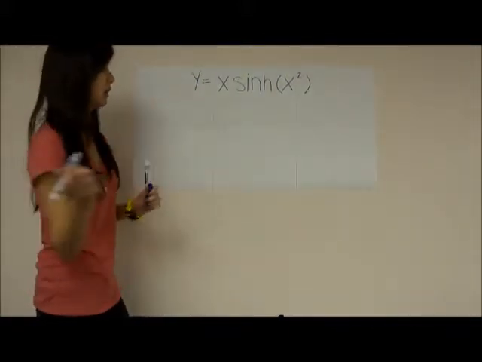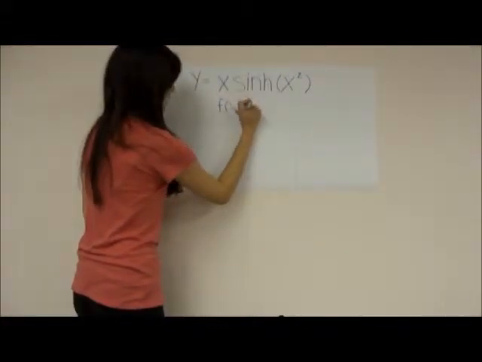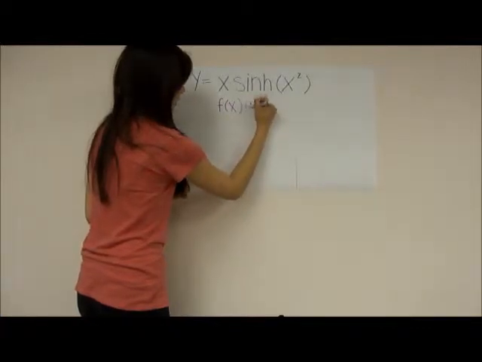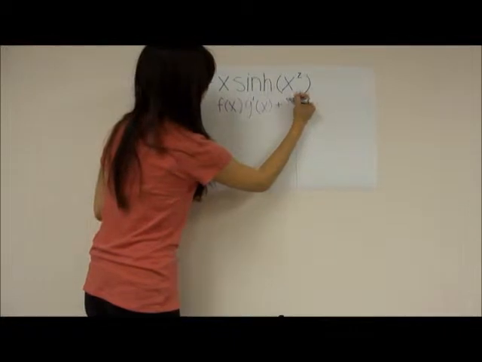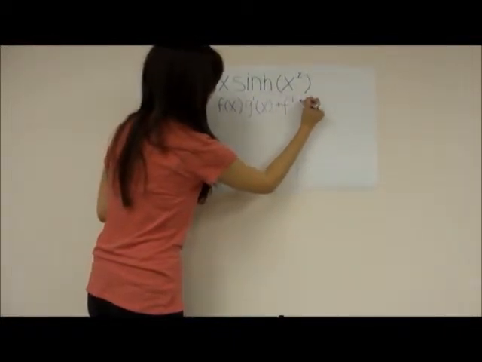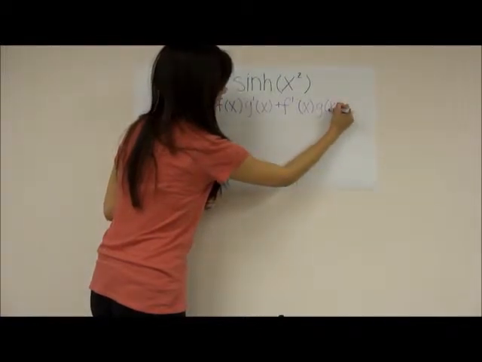So the product rule is written as f of x times g prime of x plus f prime of x times g of x.